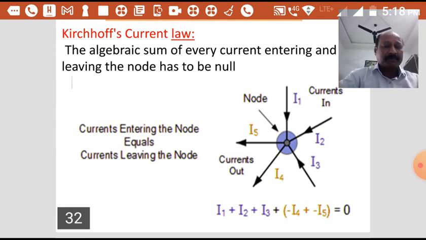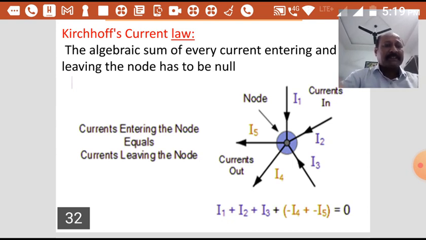So here we are assuming that the incoming current has the positive direction and the outgoing current has the negative direction. So I1, I2, I3 are the incoming currents and I4 and I5 are outgoing currents. That's why I1 plus I2 plus I3 minus I4 minus I5 equals 0.